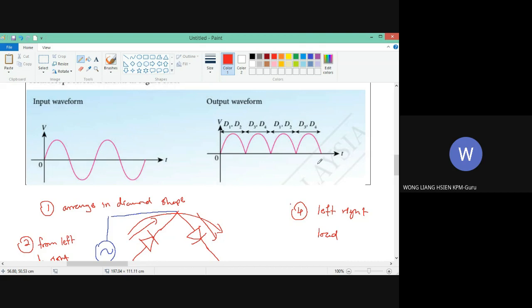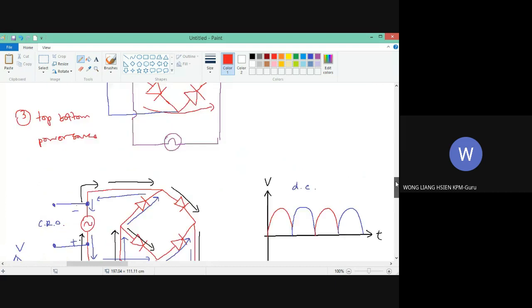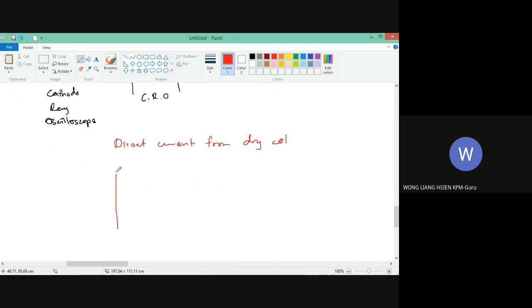So what is the best direct current? The best direct current is of course the direct current from a battery, from a dry cell. The graph of direct current from a dry cell or battery is a complete straight line.